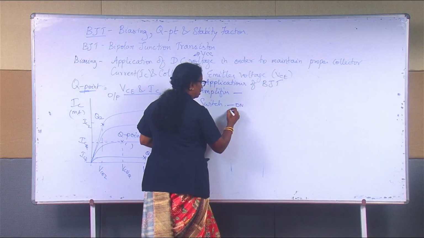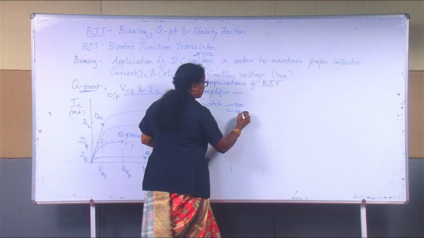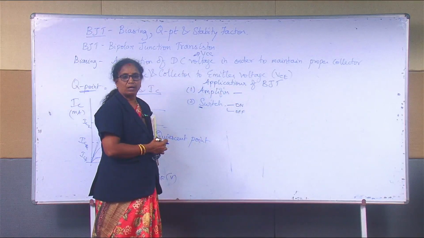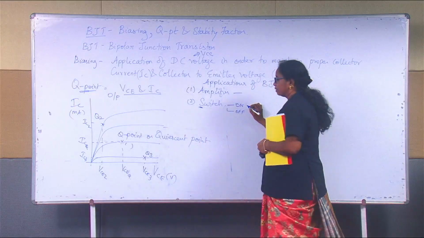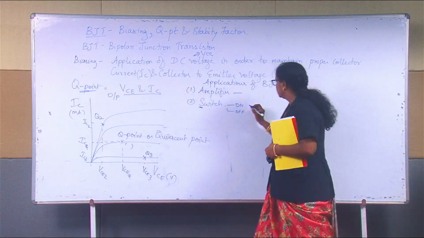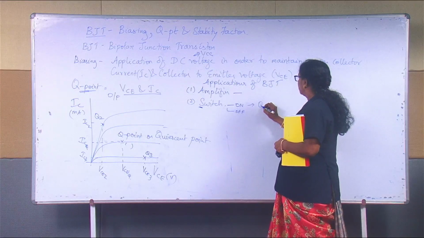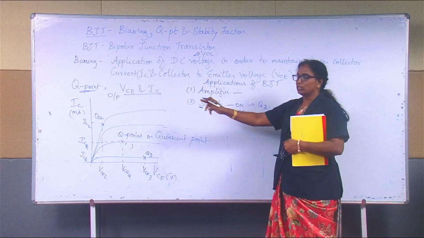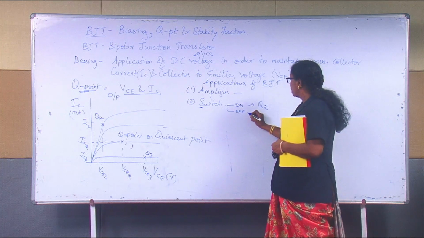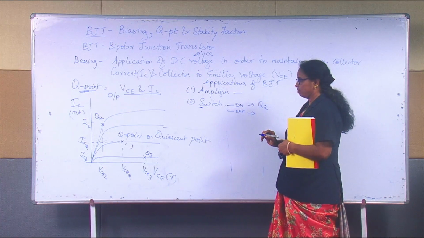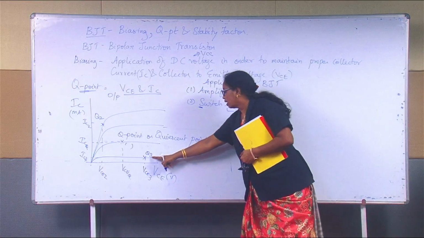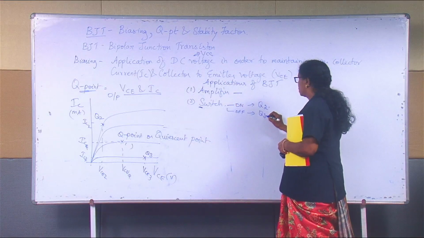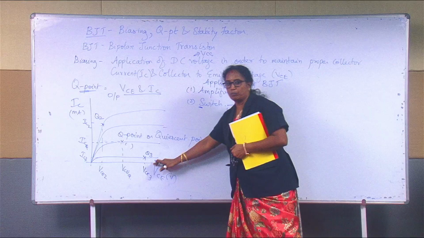One is on, the other one is off state. So if I want to switch on, then I need to operate the BJT with Q2 operating point, and if I want to switch off, then I should choose this range of operating point.